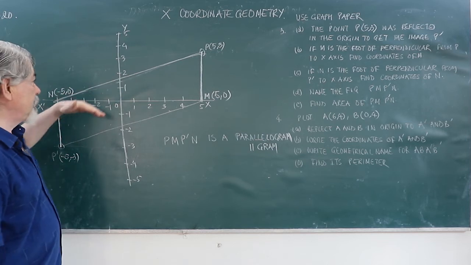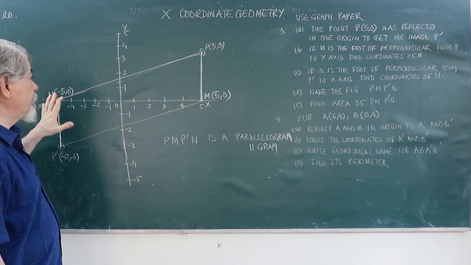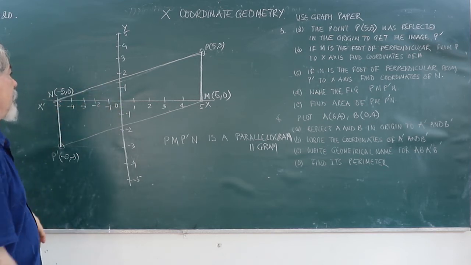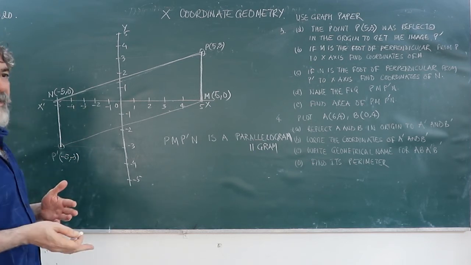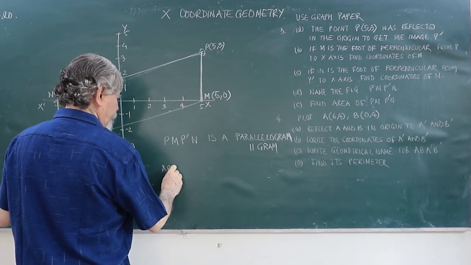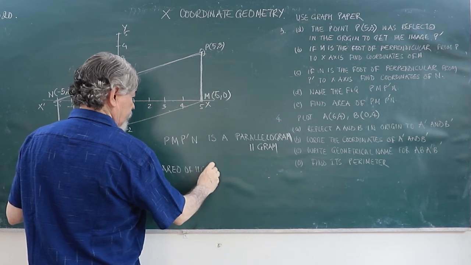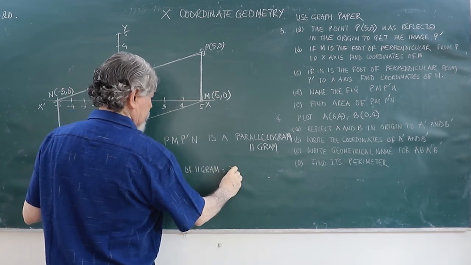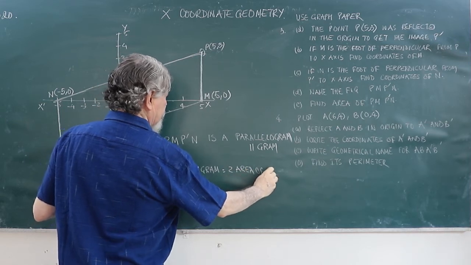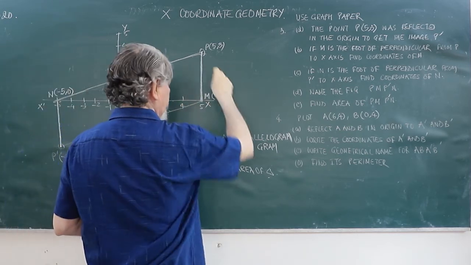Now you can clearly see that this complete area of parallelogram is divided into two triangles, and both are right angle triangles. Let me take out the area of one triangle and double it. I'll get the area of parallelogram. Area of parallelogram will be double area of triangle, you can say NMP.